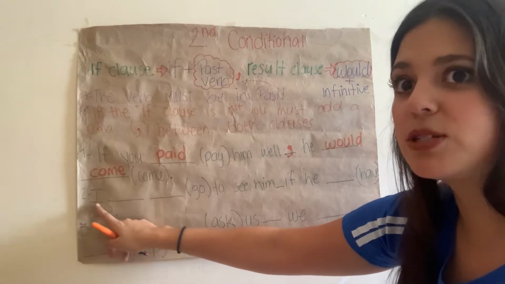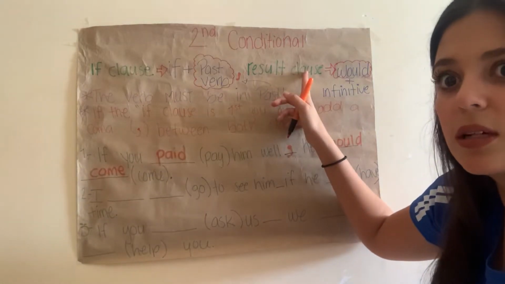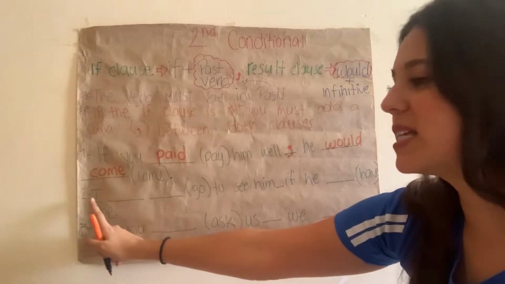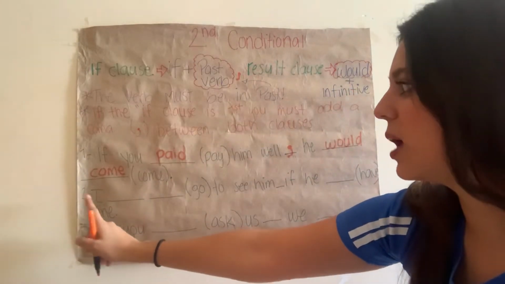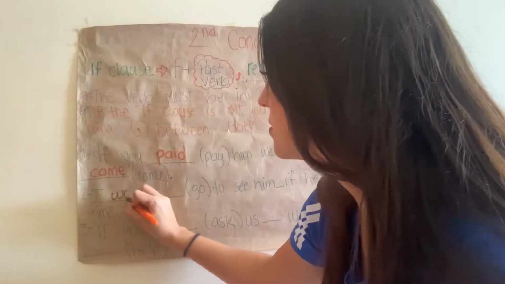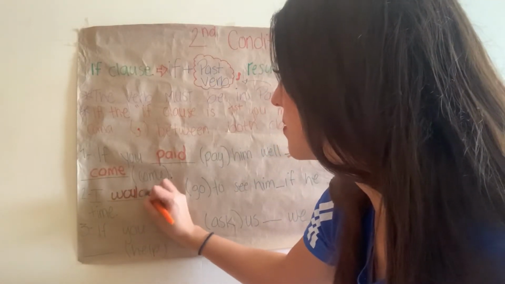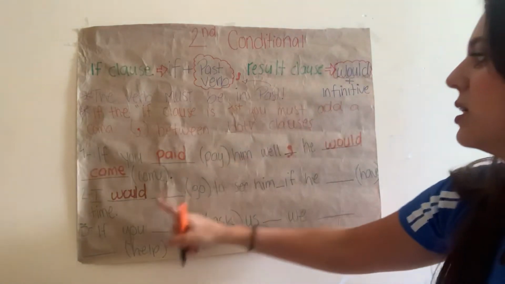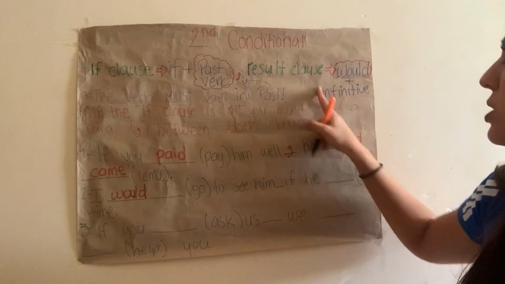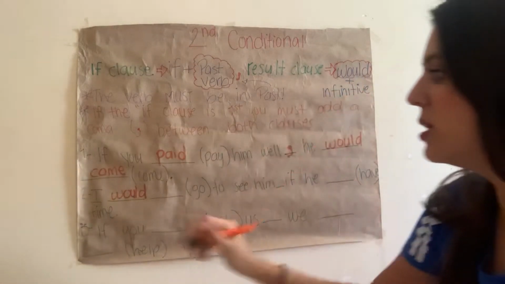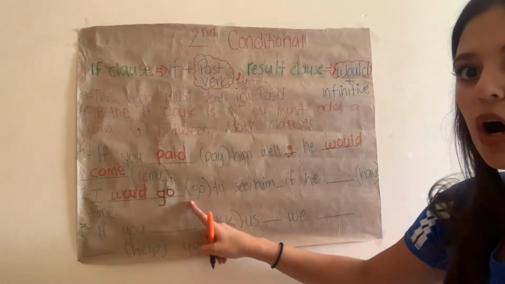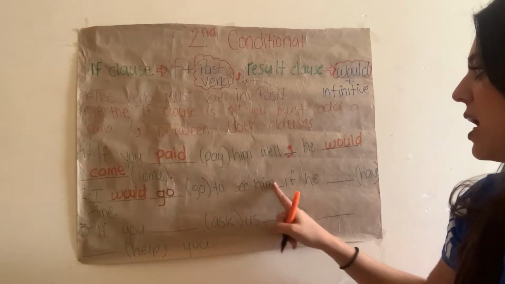No. I'm starting with the result clause, so we start with this side because there's no if word. So I would go. Remember, we don't change the verb. We leave it the same way. I would go to see him.